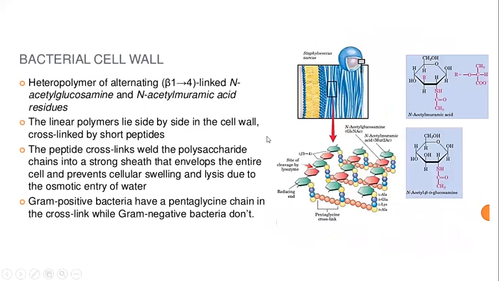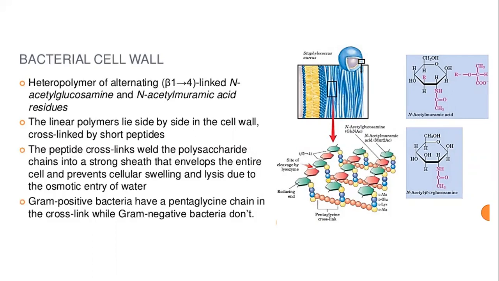The bacterial cell wall also consists of two very special types of carbohydrates, polysaccharides. They are known as N-acetyl muramic acid and N-acetyl beta D-glucosamine. These two monosaccharides are present in the bacterial cell wall, forming the polysaccharide unit in an alternating way. By the presence of this type of molecule, we can classify bacteria into two classes, gram positive and gram negative bacteria.